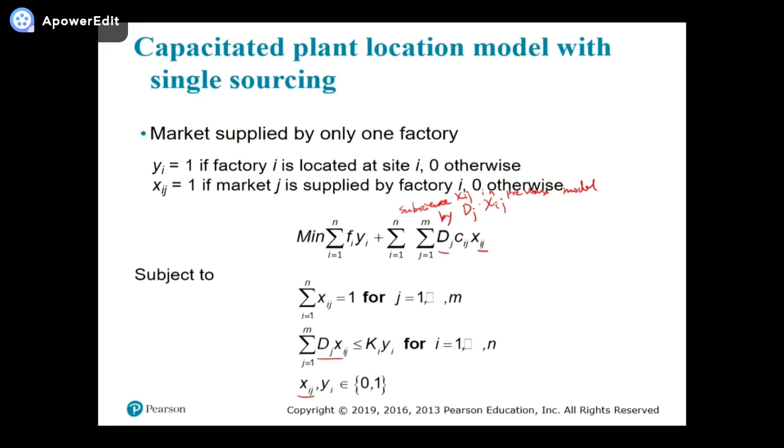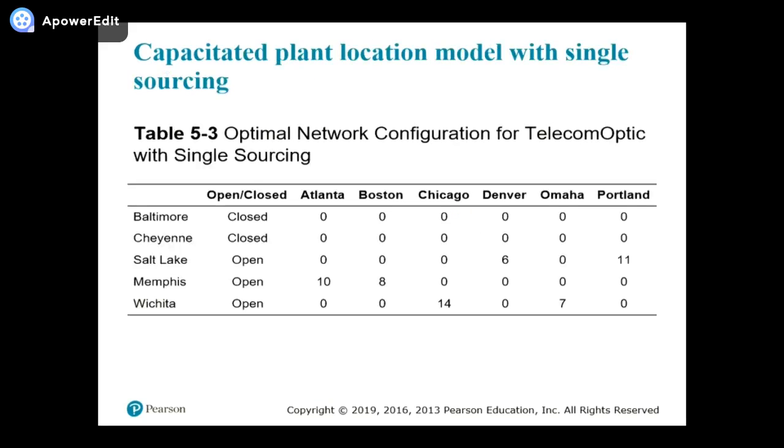And in fact, in this exact case, we had a solution that leads to $2.3 million more than if we had not required single sourcing. And it turns out in this case, we also want to close 2 facilities in Baltimore and Cheyenne.